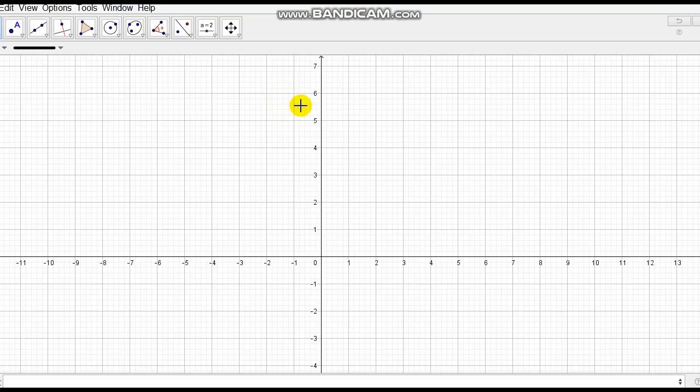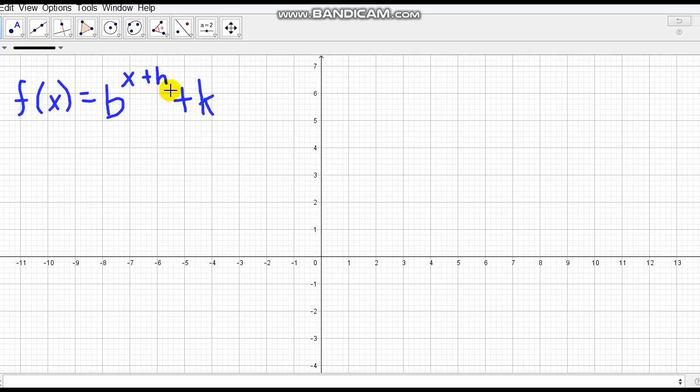In analyzing the graph of an exponential function, we will make use of a particular layout: f of x is equal to b raised to x plus h, then the entire function will be added to k. Now we will manipulate the parameters h and k, and analyze what will happen to the graph.